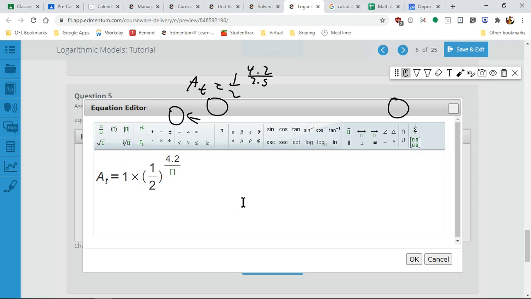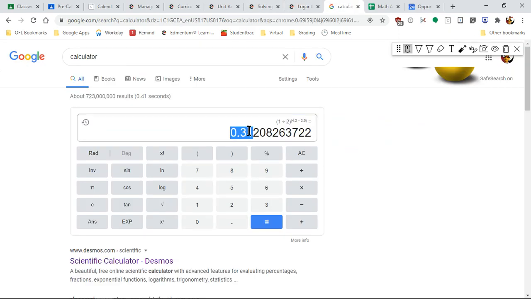4.2 billion over 2.5 billion. And then, because I'm lazy, I'm just going to copy this so I don't have to redo that subscript. Boom. And then I got this. The beauty of Google is this lets us copy it.